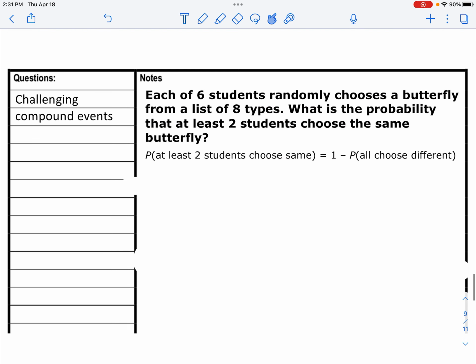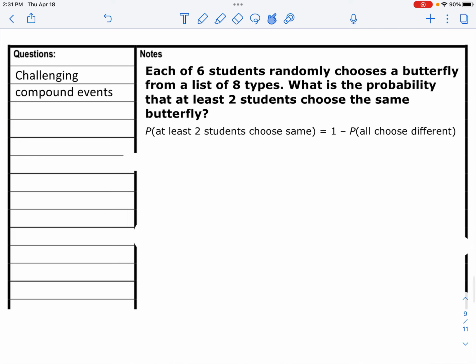Okay. So also you can get some pretty challenging compound events. So sometimes it's best to work backwards. So let's take a look at this problem. It says, each of 6 students randomly chooses a butterfly from a list of 8 kinds of butterflies. What is the probability that at least 2 students choose the same butterfly?